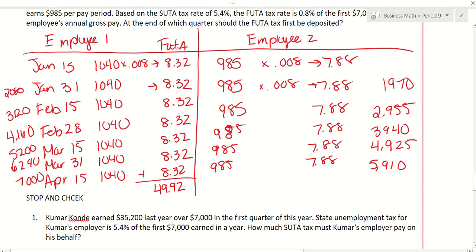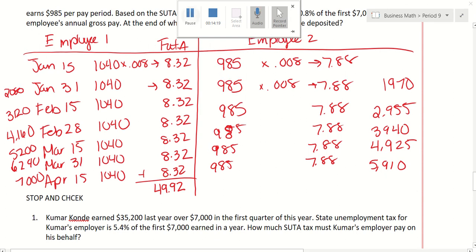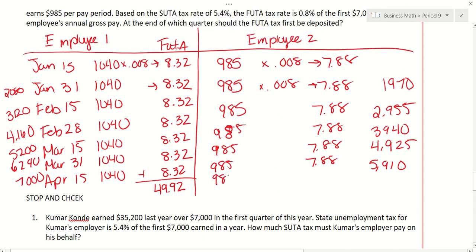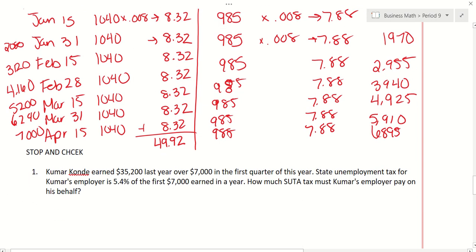So keep moving. What are we trying to find here? Okay, so we got to keep going. 985, 788, and we're at 6,895. So then they go and they pay another 985. That's going to get us to our 7,000, but how far are they away from 7,000?